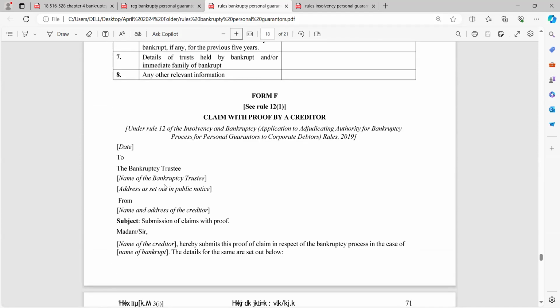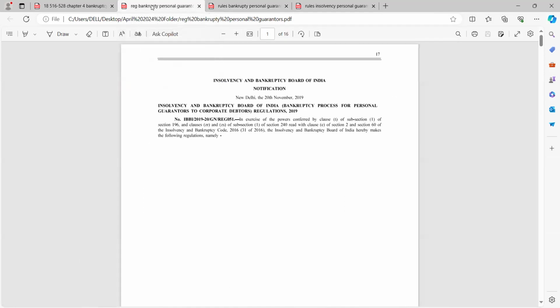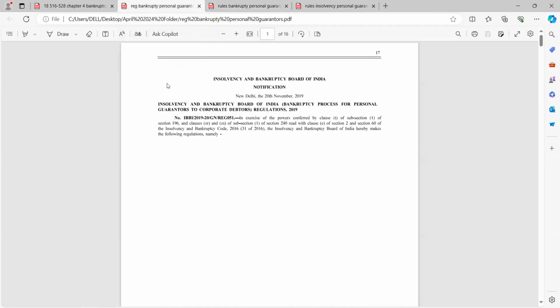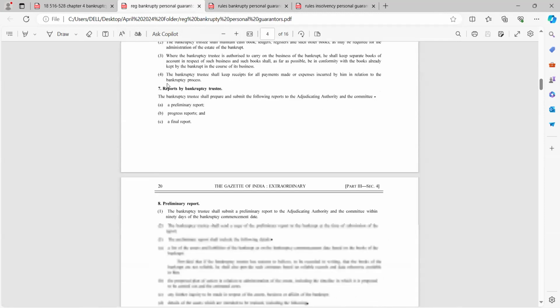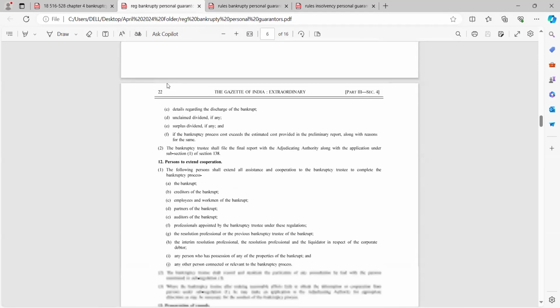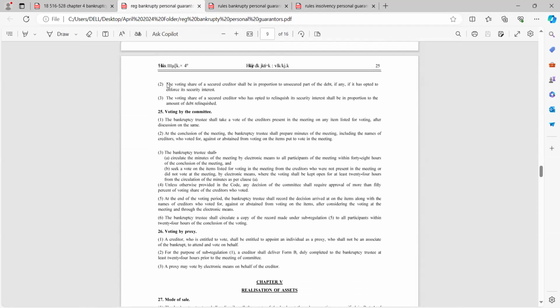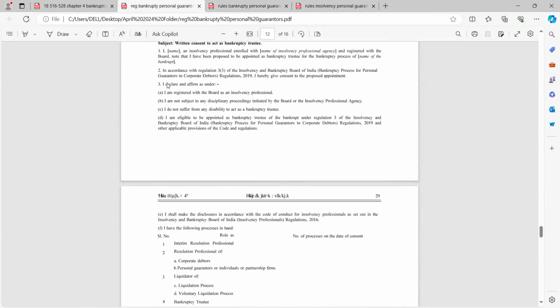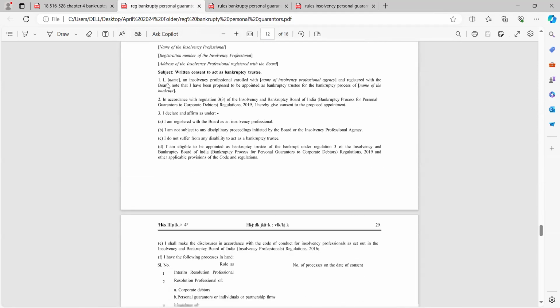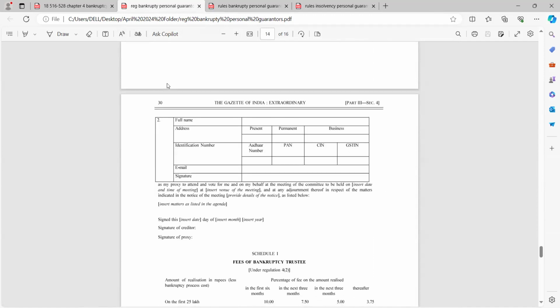Will it be there in the regulations, sir? No, prescribed means it will be in the rules only. Yes. Rules, okay. So that are in such form as. Form A is written consent. Then Form B is form to appoint. They might be referring to Rule 6 only, sir. Application by guarantor.